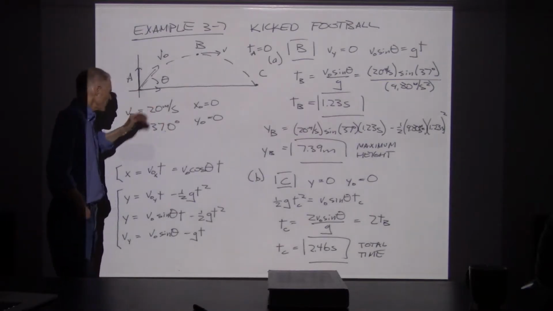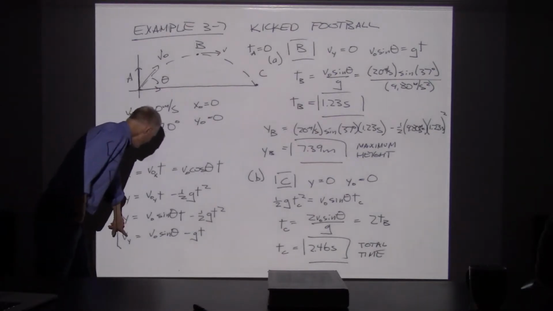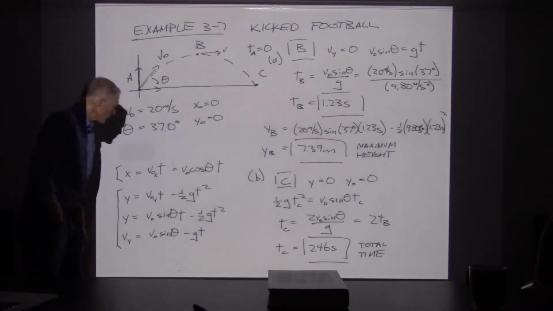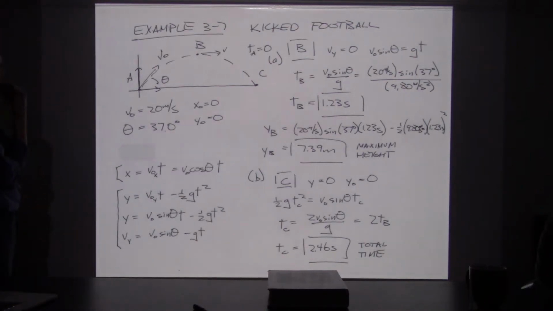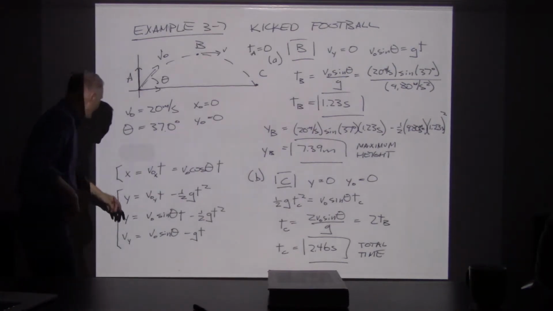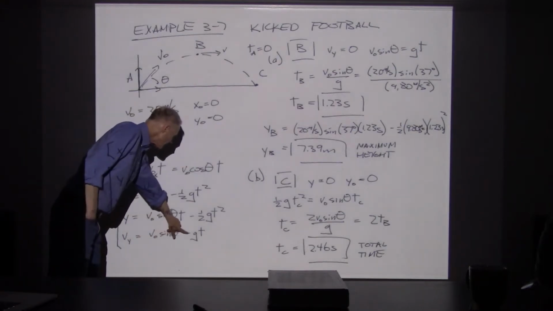In this case, they gave me the 37 degrees, so I went ahead and wrote the angles in. And then the Vy, now this is an important formula for us, remember, the Vy is going to get used to tell us when we've reached the top of the trajectory. So this is going to be V naught sine theta minus gt.